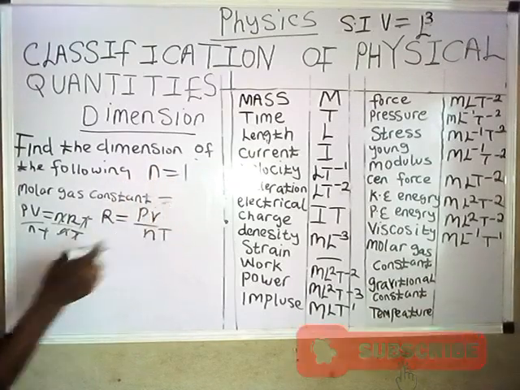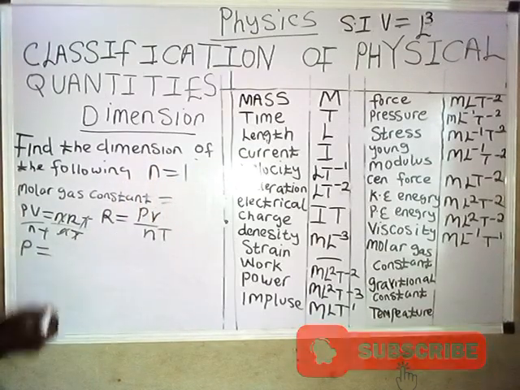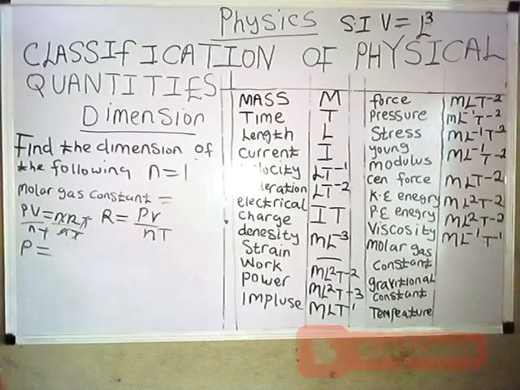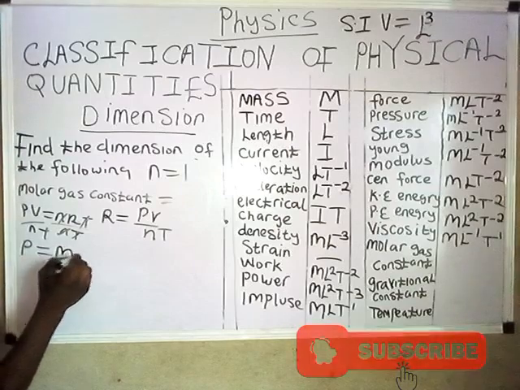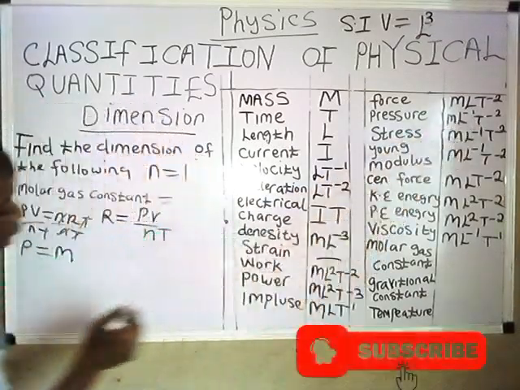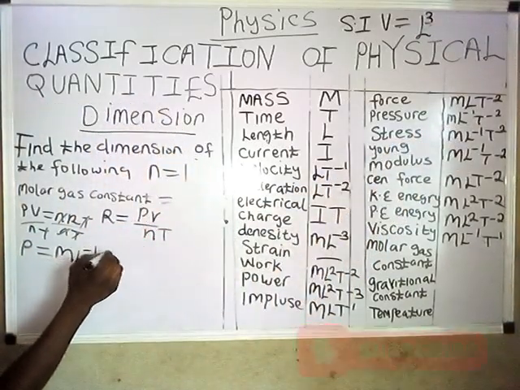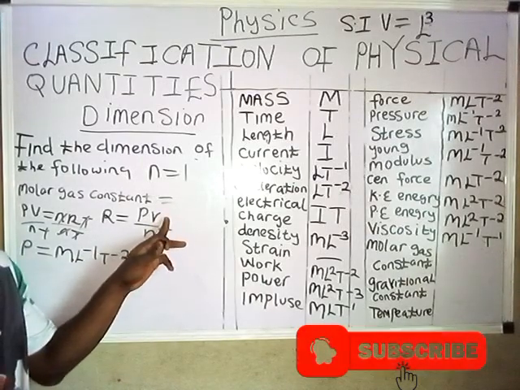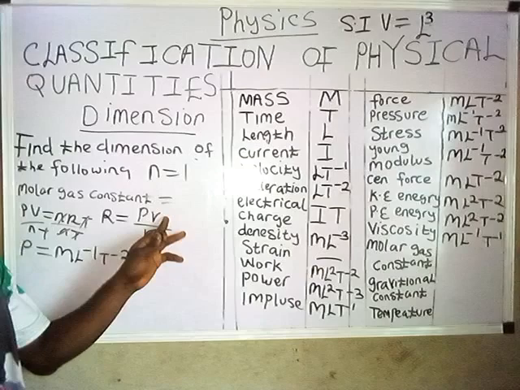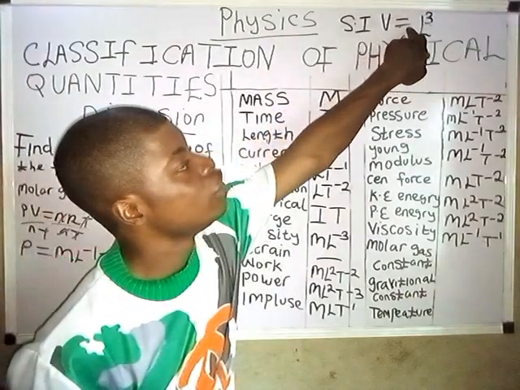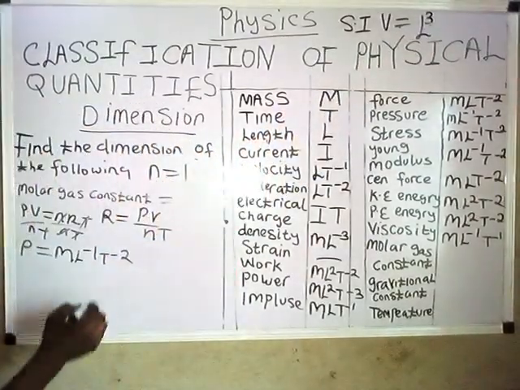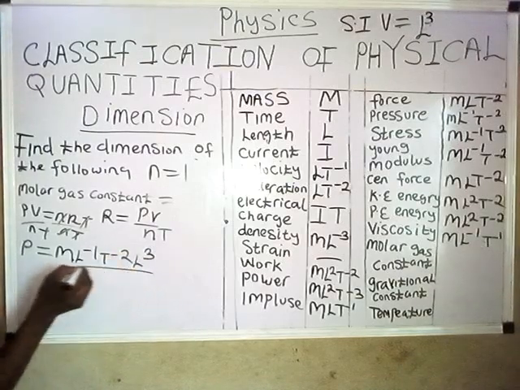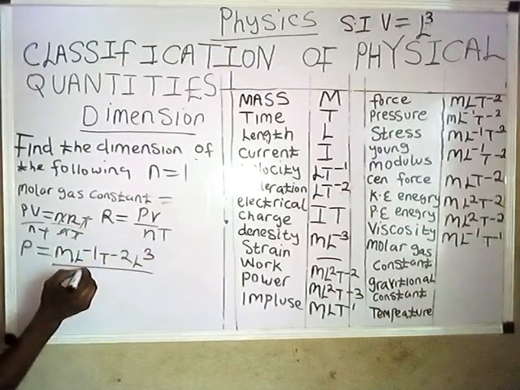So for the molar gas constant, the dimension of pressure we saw earlier from the table is M L^-1 T^-2. The dimension for volume is L^3. The n is 1.